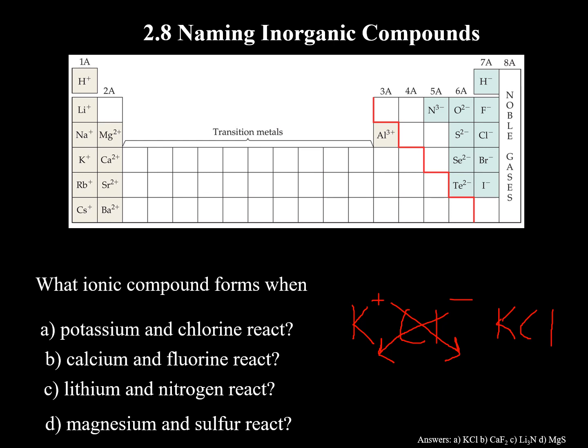So if we did magnesium, I'll go straight to D, Mg2+, magnesium being an alkaline earth metal, sulfur, a chalcogen, 2-, we crisscross, it becomes Mg2S2, and then it becomes MgS. We need to simplify. Okay. Any questions? Ask your SEC 201 lab instructor or lecture instructor.